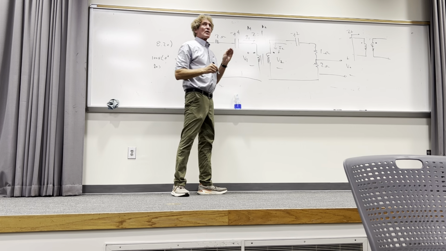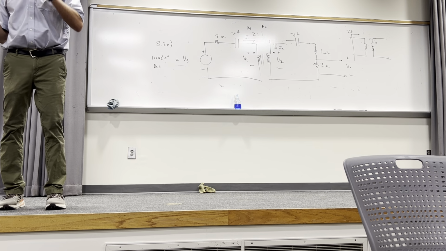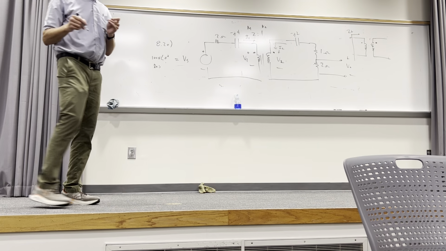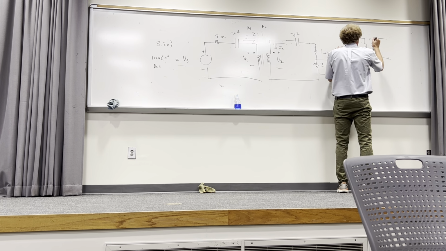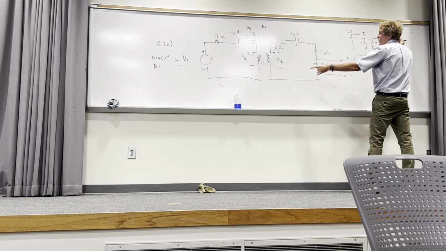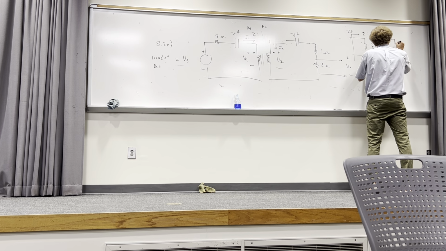These will always be ratios. So for every 2 turns on the primary, you have 1 turn on the secondary. Everybody with me on that? Now, the next thing you do. I have 2 to 1. And then the total impedance here is going to be 3 minus J2.